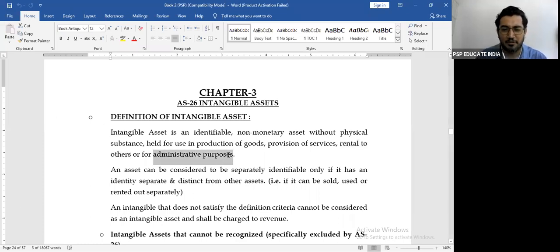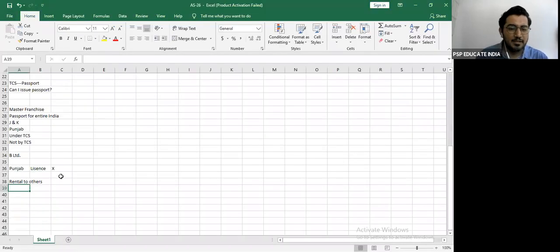Very interesting point. For administrative purposes, right? Now pay attention. What is the meaning of administrative purposes? Say for example, we have 100 students at PSB in one batch, and sometimes we feel it is very difficult to manage everything of 100 students.